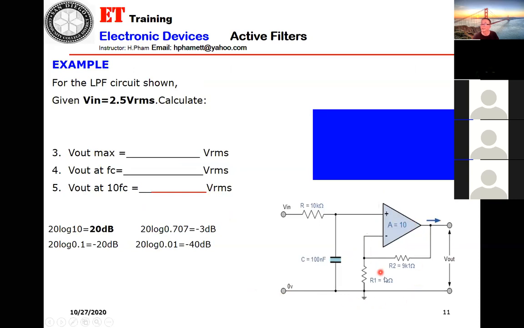You know the configuration for this op-amp. What's the name of this configuration? Non-inverting amplifier, right. What is the gain? It's 1 plus R2 over R1.